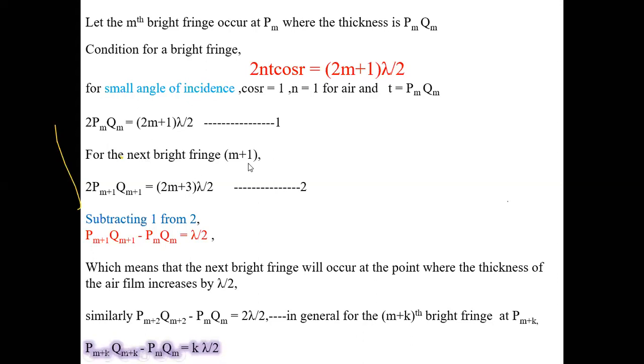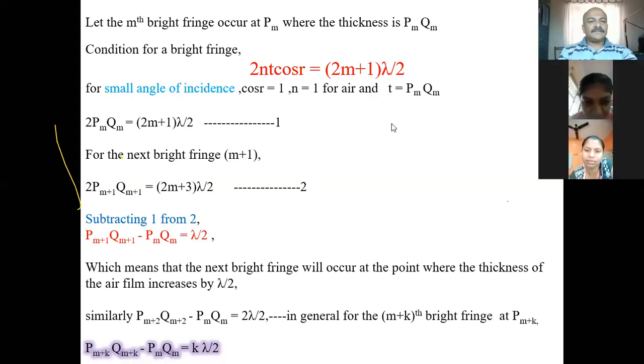For the next bright fringe, let us say m plus 1. Here, wherever there is m, we substitute m plus 1. So that would correspond to the m plus 1th bright fringe.